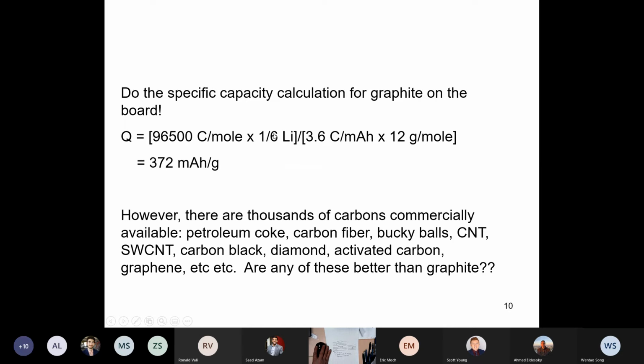So you figure out 1/6 of a mole for 1 carbon, how many coulombs per mole. There's 12 grams of carbon per mole. And it turns out there's a conversion factor, 3.6 coulombs for every milliamp hour. So if you multiply these things out, you get 372 milliamp hours per gram. And that's the theoretical specific capacity of graphite.